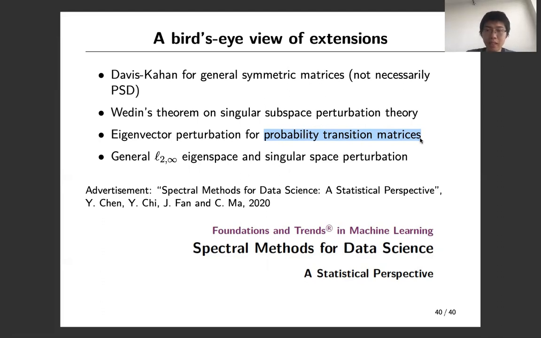In the third part, we introduced the L infinity perturbation bound for the leading eigenvector. However, we have a general version for the leading eigenspace and the leading singular space, not necessarily just one eigenvector, but a group of eigenvectors and a group of singular vectors. In that case, we don't measure the L infinity norm.